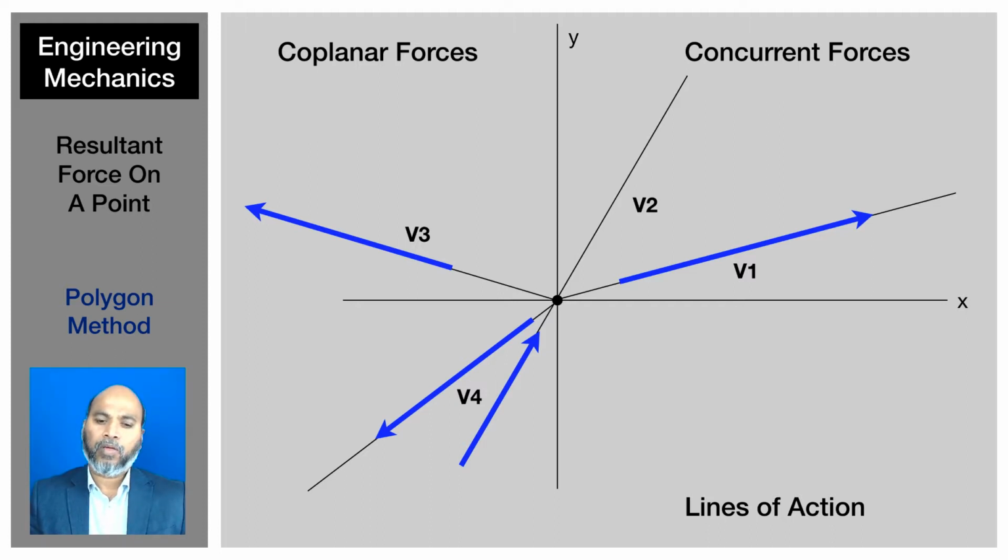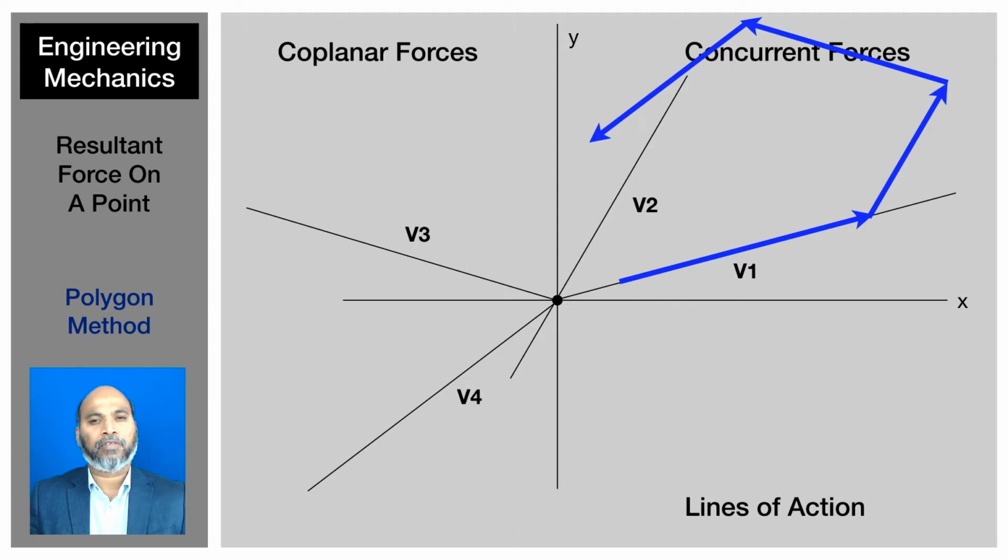Now let's follow the polygon rule and determine the equivalent force. This magenta colored force is the resultant force, but notice it is not at the center. The actual one should have been here, the red one. If you determine it geometrically and end up with the magenta one, and think that the line of action has shifted from the center, that is wrong.